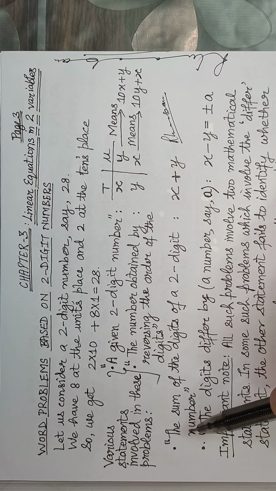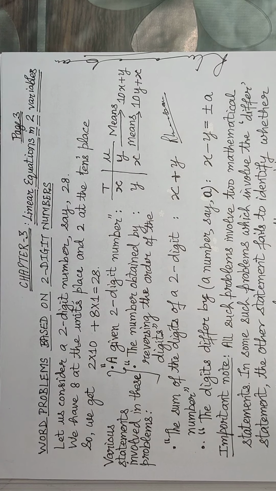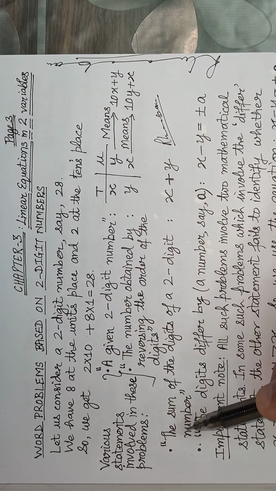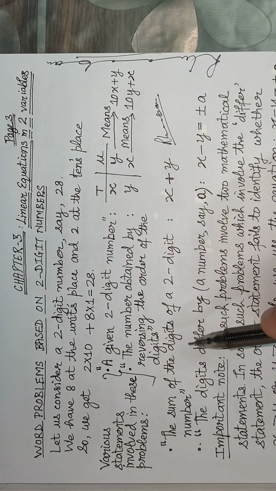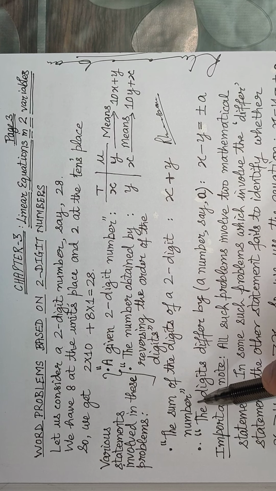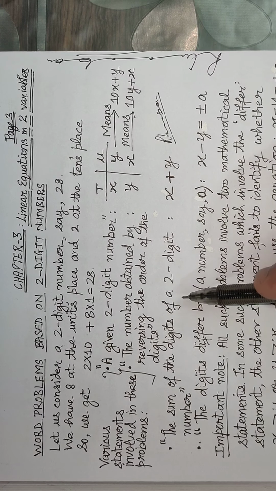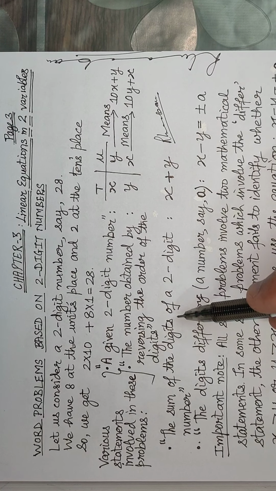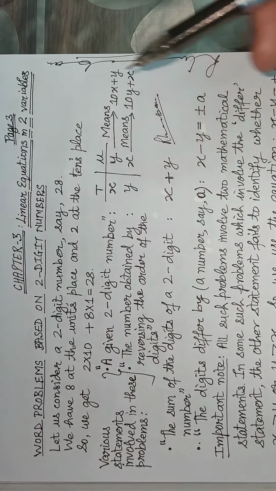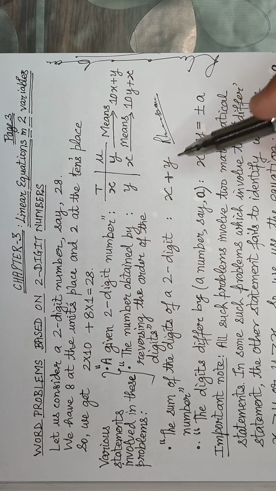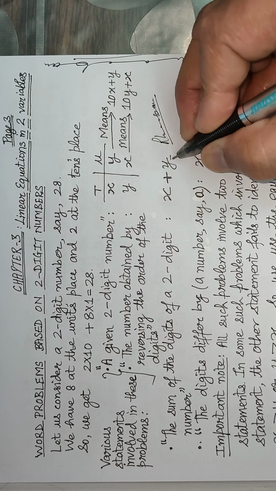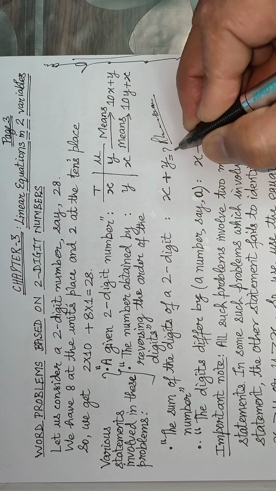Now, say one of the statements is the sum of the digits of a two-digit number. You can very easily understand what this means. Sum of the digits. The digits are x and y, so obviously their sum is x plus y equal to whatever the sum is given to be.